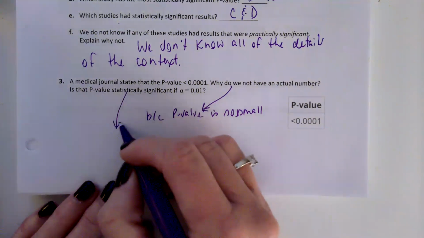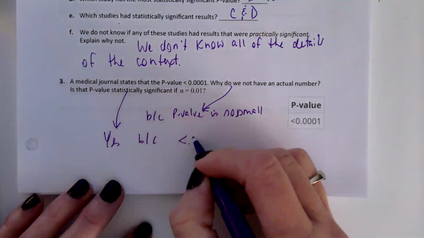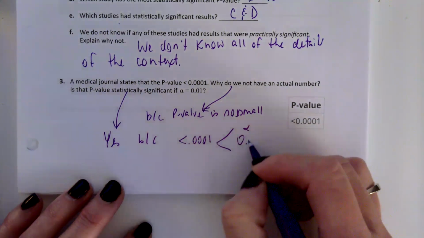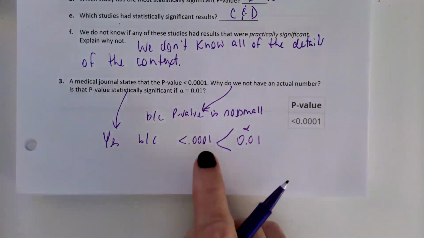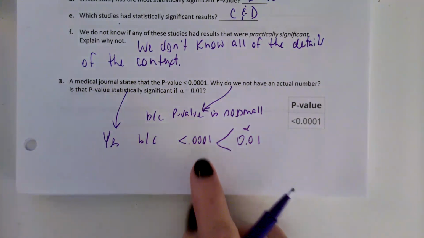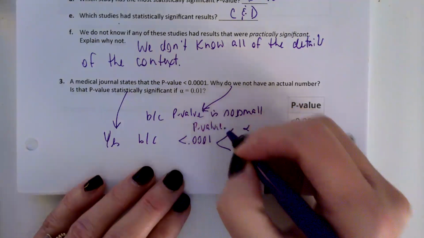And that's a resounding yes, because anything that's less than 0.0001 is definitely less than the alpha of 0.01. Remember that statistical significance is the same as rejecting H0, and we always reject H0 if our p-value is less than the alpha.